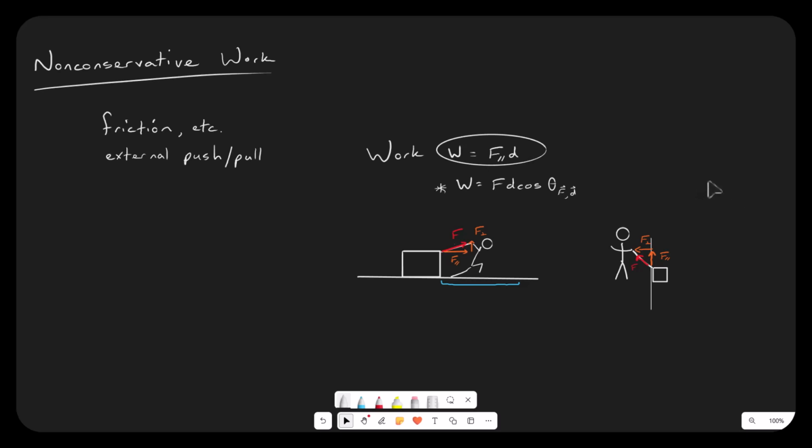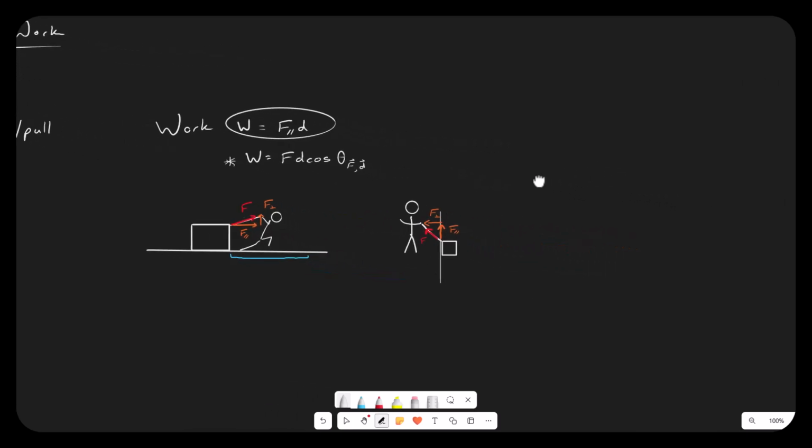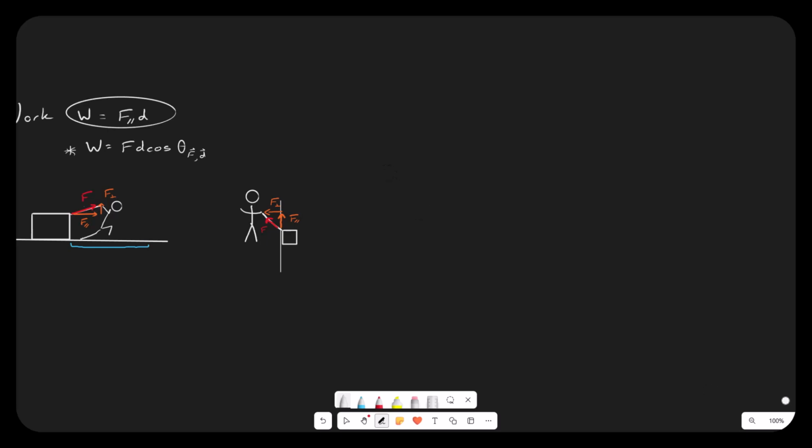So then when I have non-conservative work, my problem changes a little bit. Before, I had potential energy, kinetic energy, initial, and final. Now, these aren't necessarily equal.